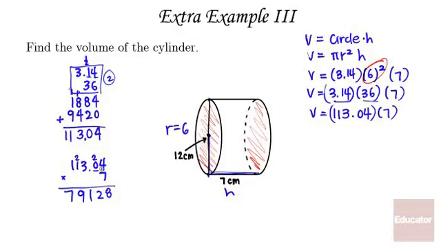I have 2 numbers behind decimal points, so I have to place 2 numbers behind the decimal point here. And my answer then becomes, my units, centimeters to the 3rd power, units cubed.